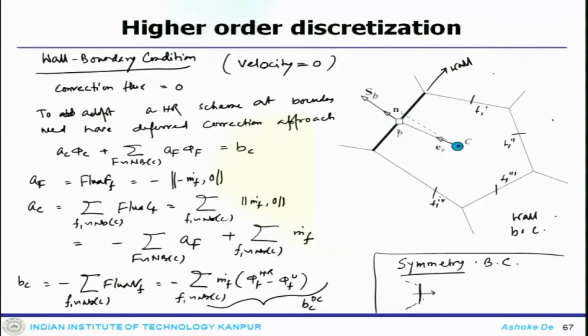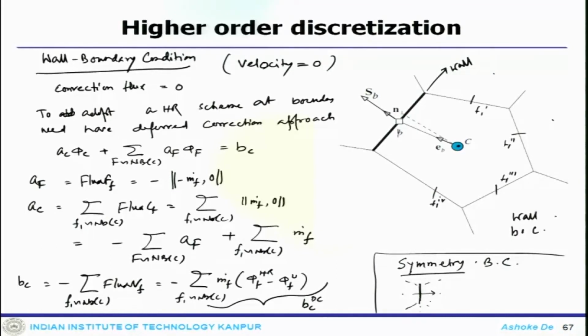So, no flow across that boundary. Whatever is here should be exactly similar to that side. So it is treated in a similar fashion to the wall boundary condition, where the convection flux normal to the symmetry boundary is set to 0.